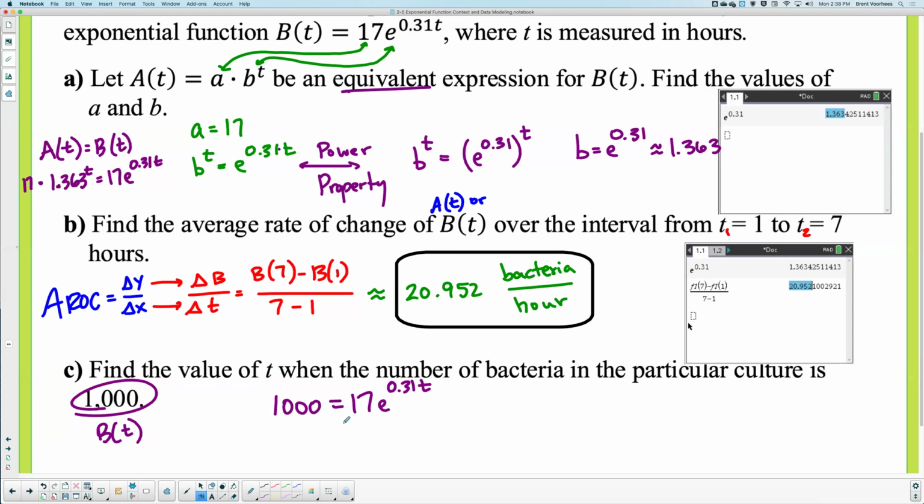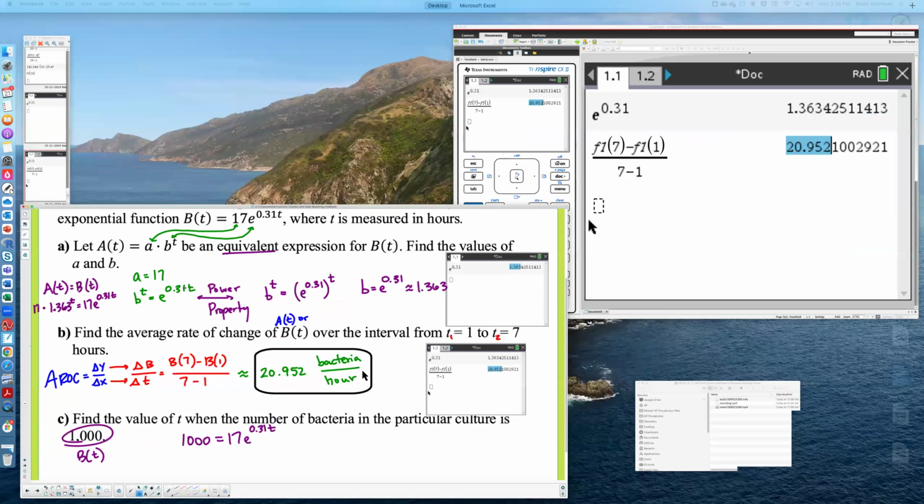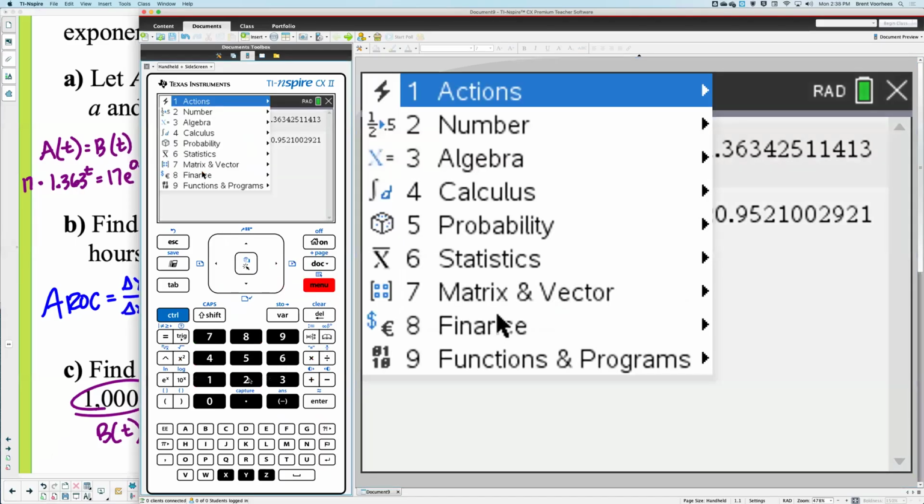All right, to solve this one, can I just type that in the calculator, or do I need to insolve that? That would be an insolve. So let's go insolve this. Menu 3.1.